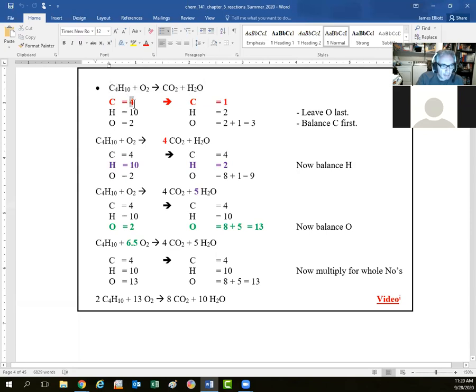Carbon: 4 carbons on the left in the C4H10, 1 carbon on the right in the carbon dioxide. For hydrogen, we've got 10 on the left in butane, but only 2 atoms on the right in water. And then for the oxygen itself, a little bit more tricky because we've got multiple sources of oxygen.